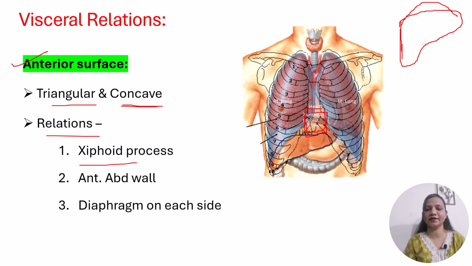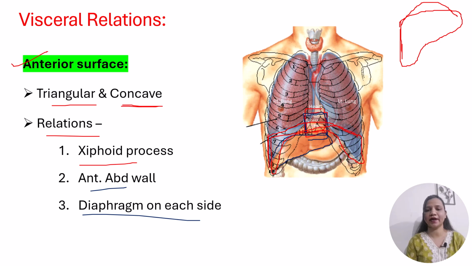Anteriorly the liver is related with the xiphoid process, the anterior abdominal wall, and the diaphragm on each side. As you can appreciate here, the blue portion is the diaphragm, which is present on each side of the liver, covering the liver.